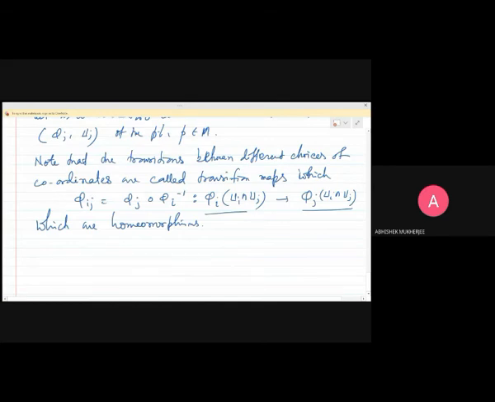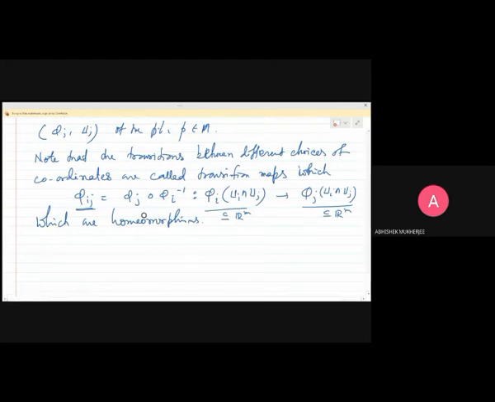So these maps are defined between two open subsets of R^m.